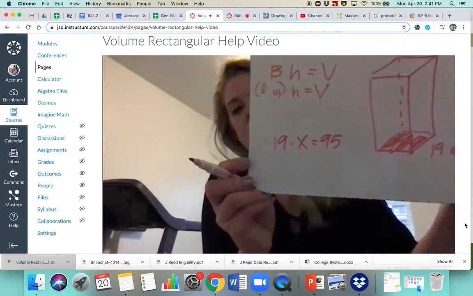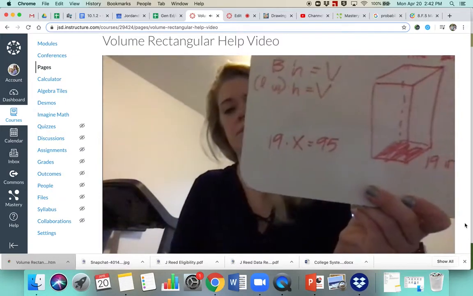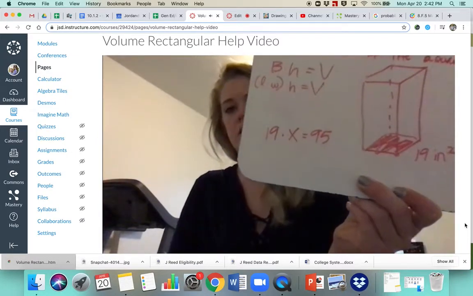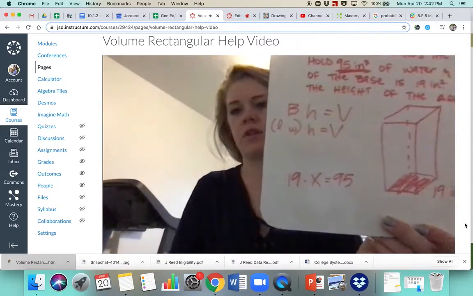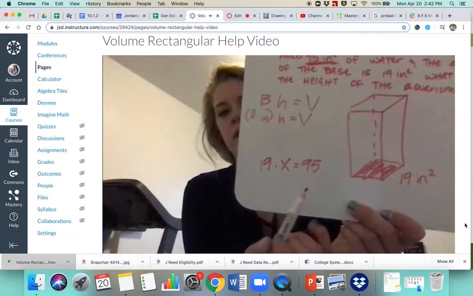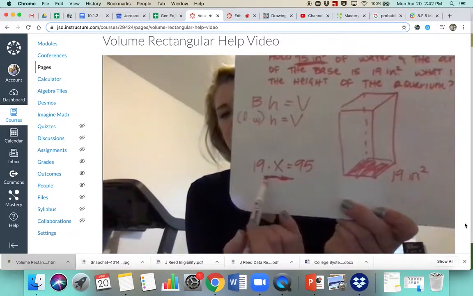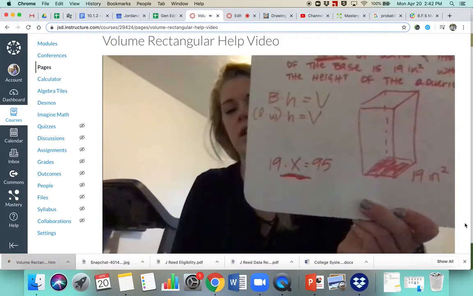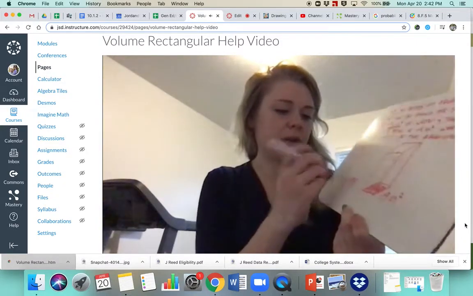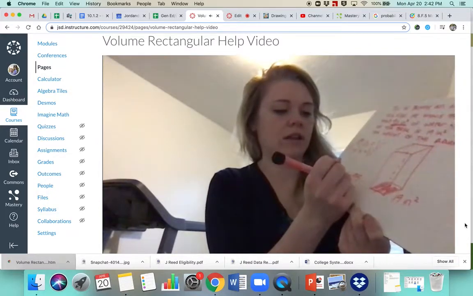So we have 19 times something is 95. Now this becomes a one-step equation. So this is one of your answers, right? This is the formula for finding the volume of this rectangular prism. Now we're going to say, okay, what is the height? My x is my height because I do not know it. So I can rewrite it as just 19x equals 95.